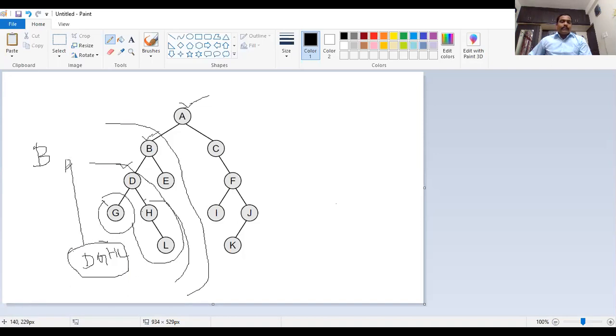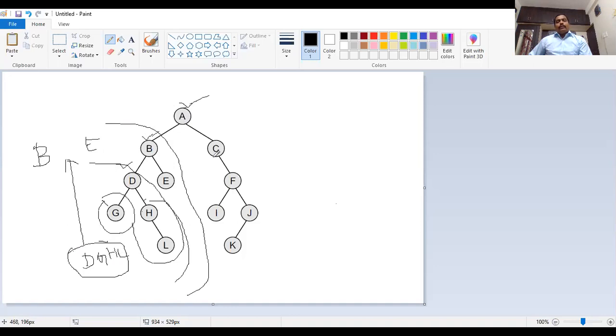Next this portion will come, then the right side E is there. So what is the output of this? B, D, G, H, L, E. So for this root A, the left side is completed.